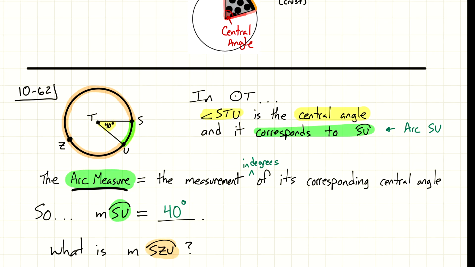So this portion here is going to be 360 minus the 40 degrees, which comes out to 320 degrees. Let me write that out. This is going to be 360 degrees minus 40 degrees, which is 320 degrees. Simple subtraction to get us our answer.